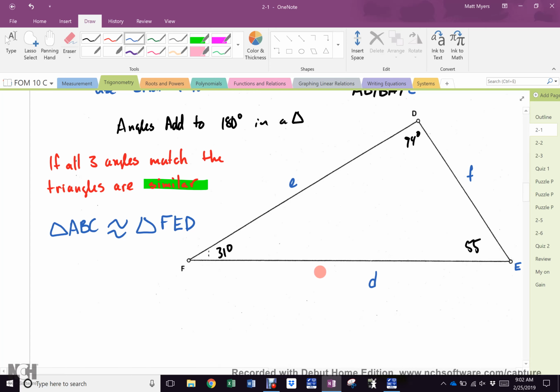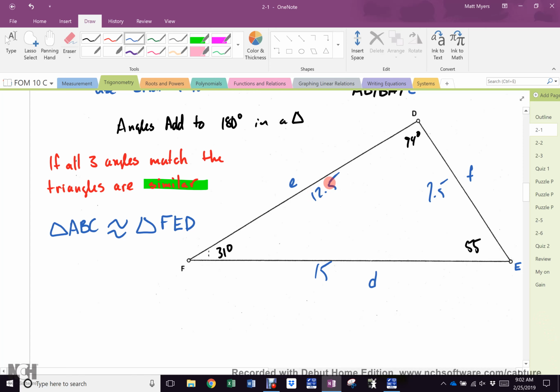Okay. 15. How long is side F? We're happy with 7.5? Everybody agrees? 7.5? Okay. And how long is the last side? You want to go 12.5? Okay. Everybody cool with that? Great.